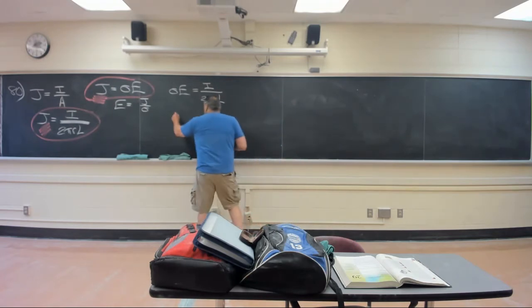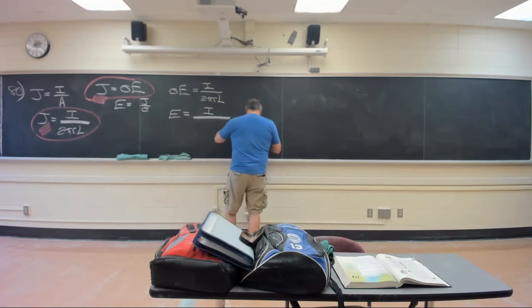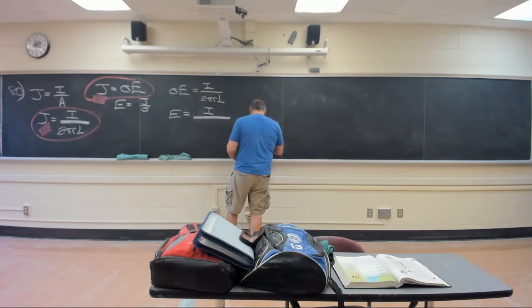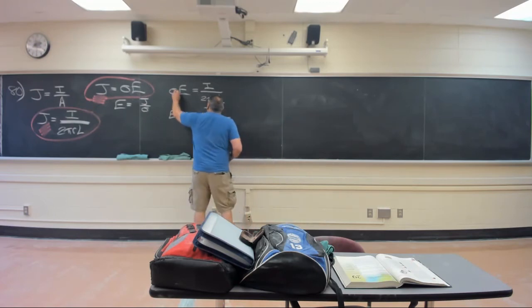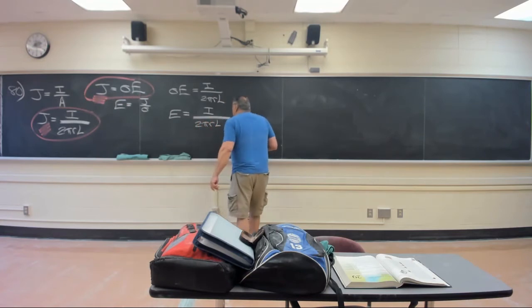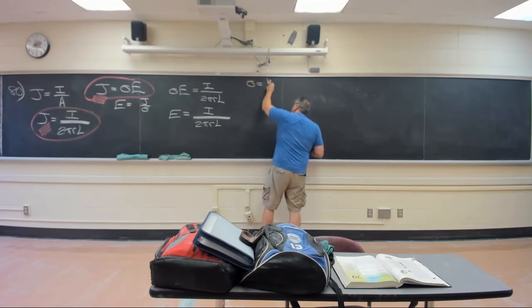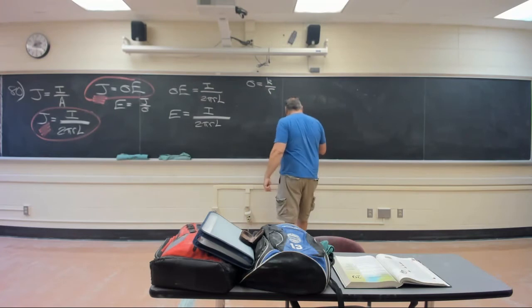Well, we could talk about an E field at that point. The E field is going to be, let me write it the exact same way, I guess you'd say. That's the sigma, right? So we can divide by sigma. So we got I over 2 pi r L. Yeah, but sigma is equal to some constant divided by r.